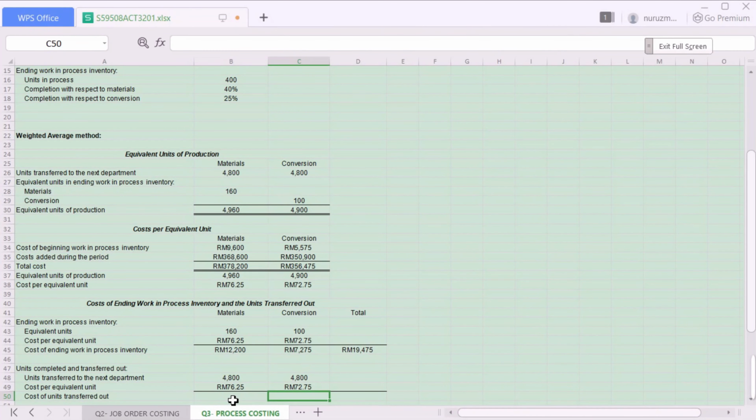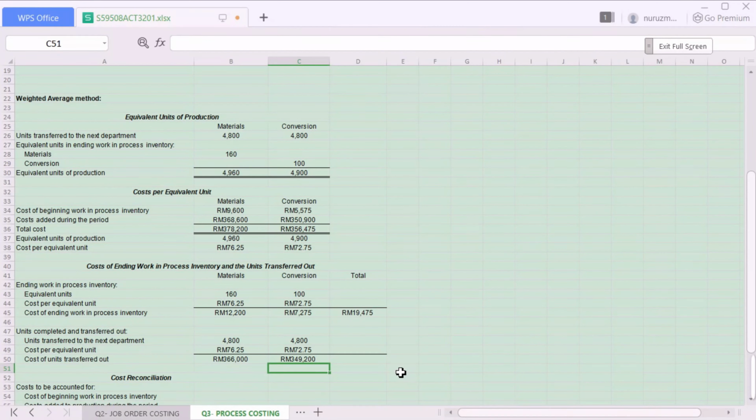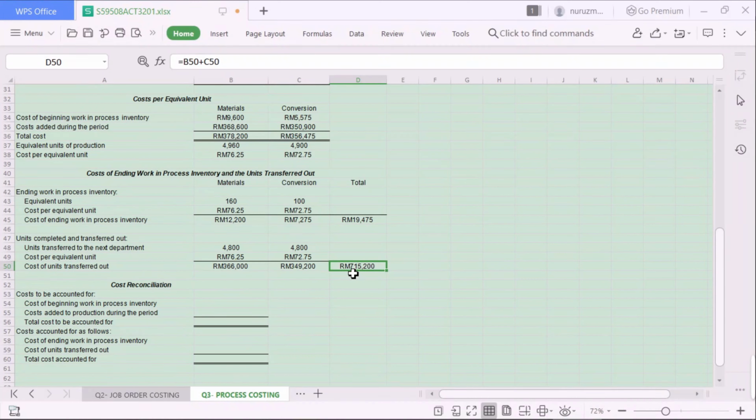Cost of units transferred out, units transferred to the next department multiplied by cost per equivalent unit. For materials, 366,000, and for the conversion, 349,200. And the total cost of units transferred out is materials plus conversion equals 750,200.